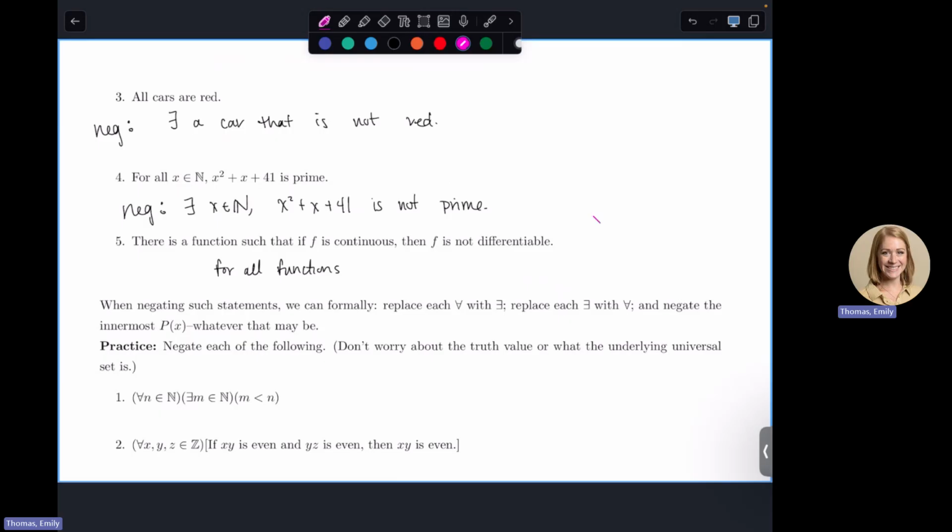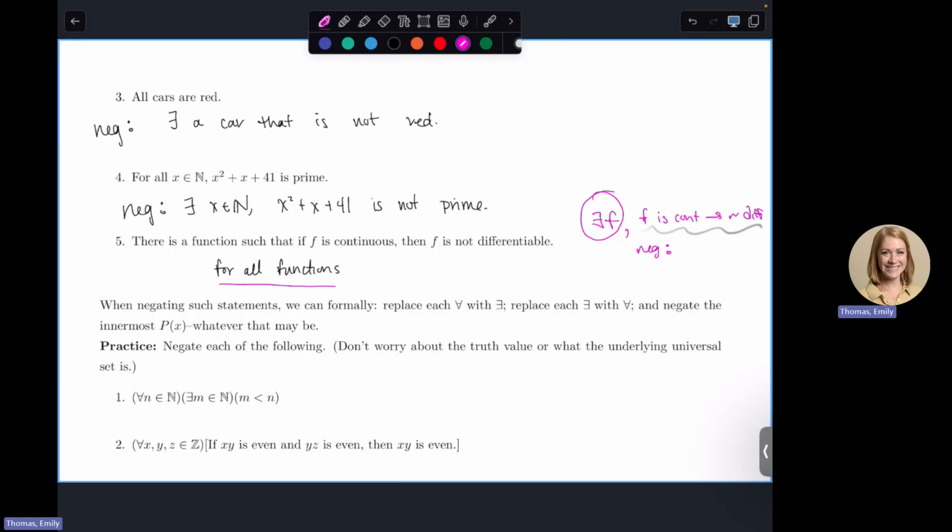We've got that there exists a function f where if f is continuous, then not differentiable. So we negated this part, right? We made it for all, that's good. How do we negate this part? What's the negation of an if-then statement?